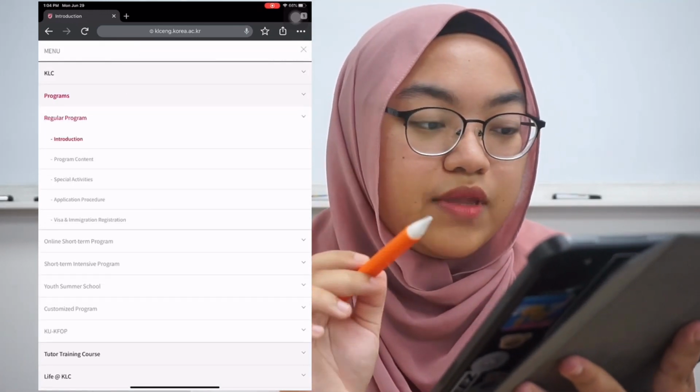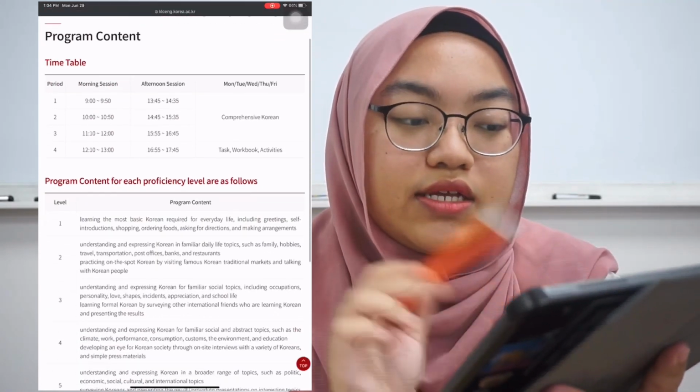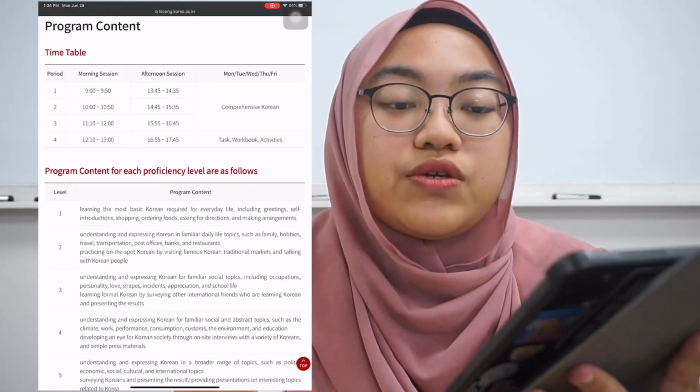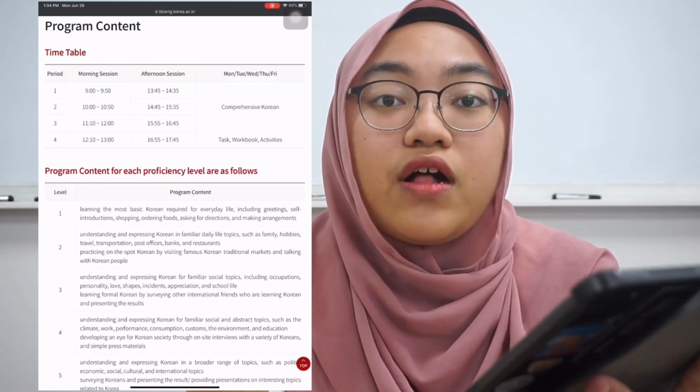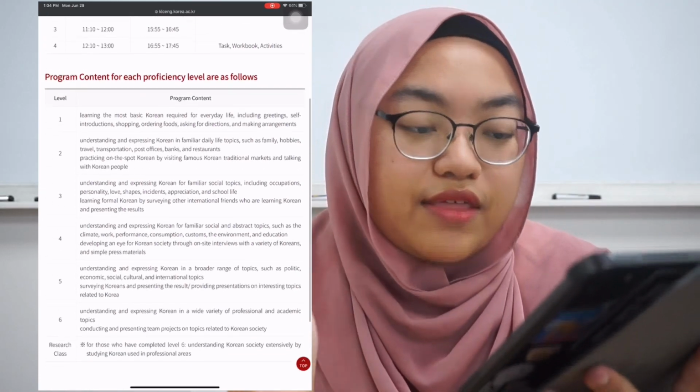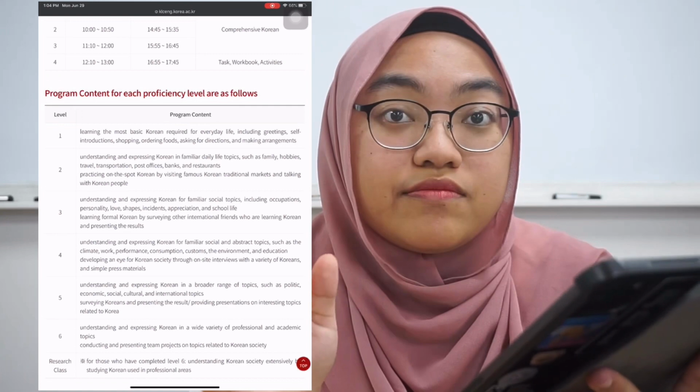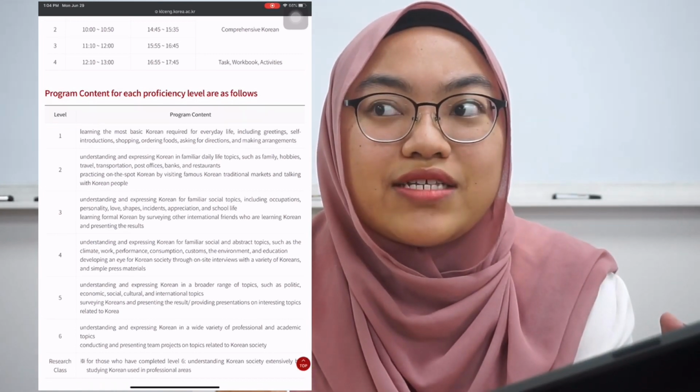Alright, so you go back to the three-line menu, you press that, program, regular program, program content. Like I said just now, you need to know everything first. You need to have all of the information first, then you can apply. That's literally the basic thing, you guys.